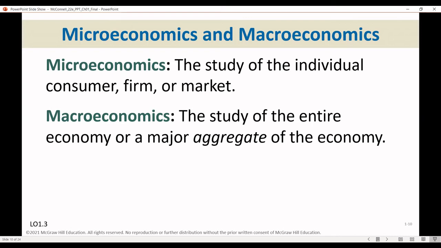While macro is more like a broad study. We are concerned with the entire economy, or we are concerned with the major aggregates of the economy. One good example I can use as an analogy: the macro study can be compared to the study of a beach.